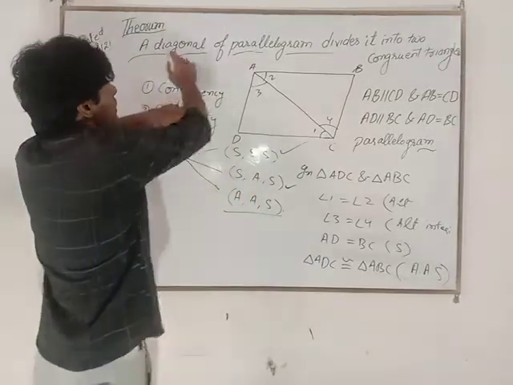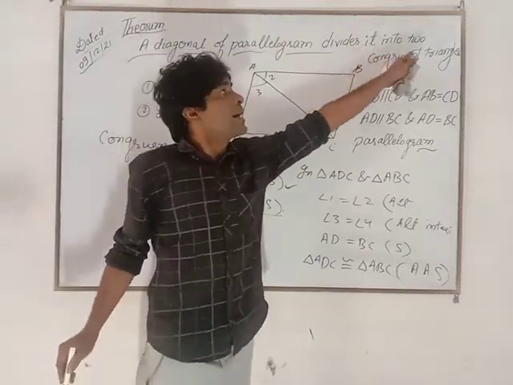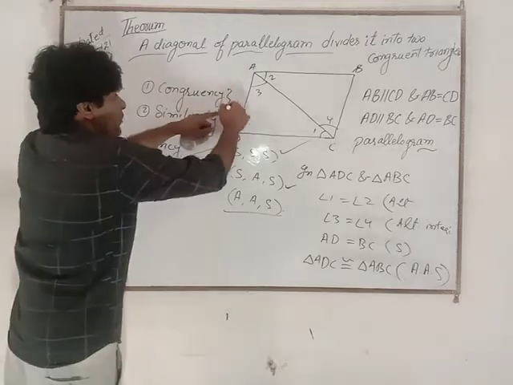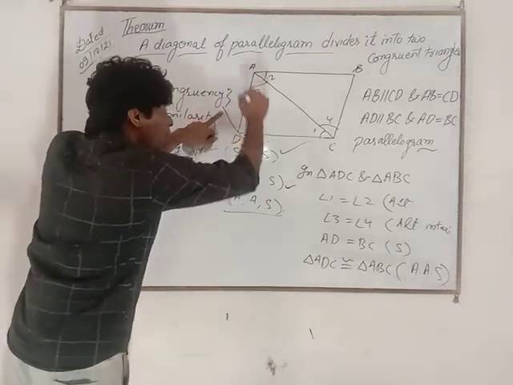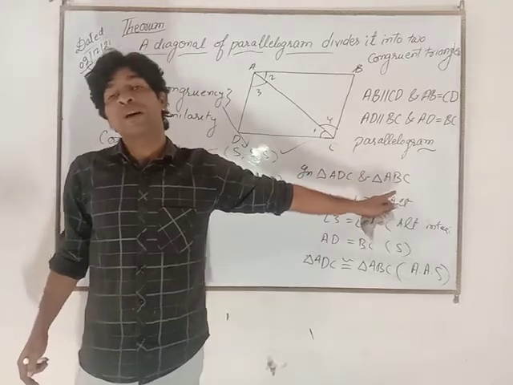It means this theorem, the diagonal of a parallelogram divides it into two congruent triangles. From congruency, from these criteria, you can prove it.